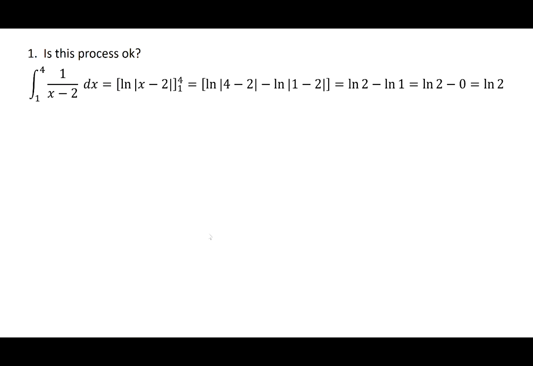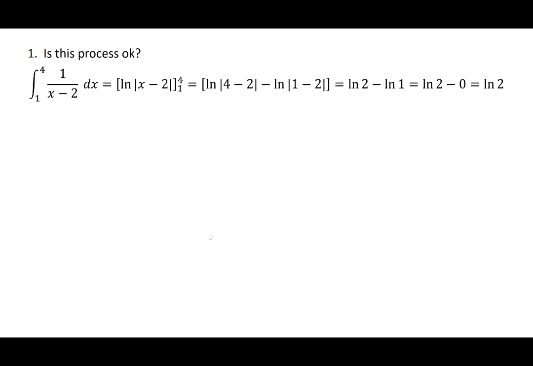Can I plug 4 for x? Yeah, natural log of absolute value of 4 minus 2, minus natural log of absolute value of 1 minus 2. 4 minus 2 is 2, so the absolute value of 2 is positive 2. Natural log of 2 is what we end up with. 1 minus 2 is negative 1. Absolute value of negative 1 is positive 1.